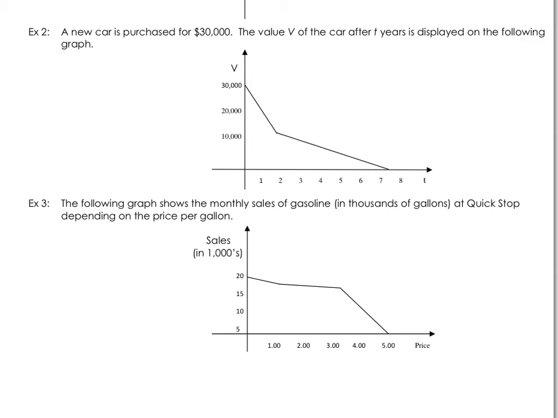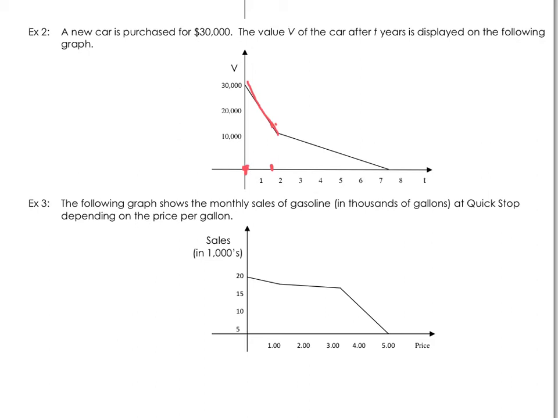Well, it looks to me like you paid $30,000, and then from the time you drive it off the lot until about a year and a half, the price of the car is going down steeply. You are losing value all the time.